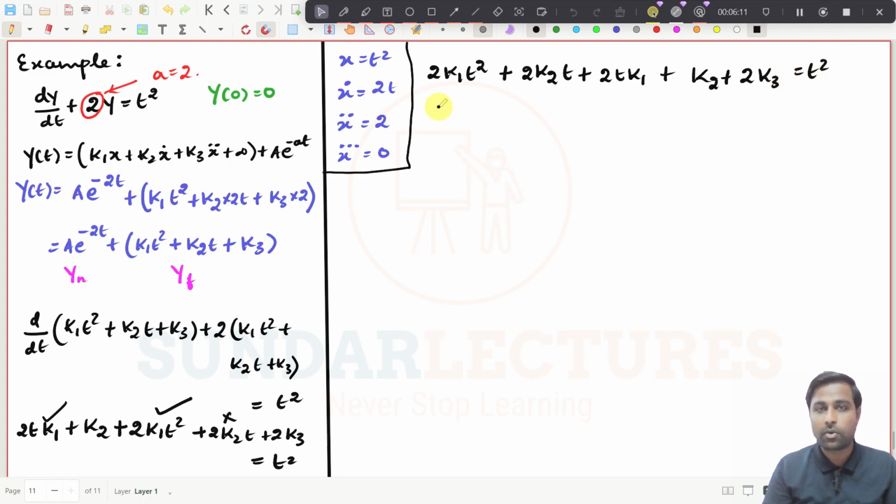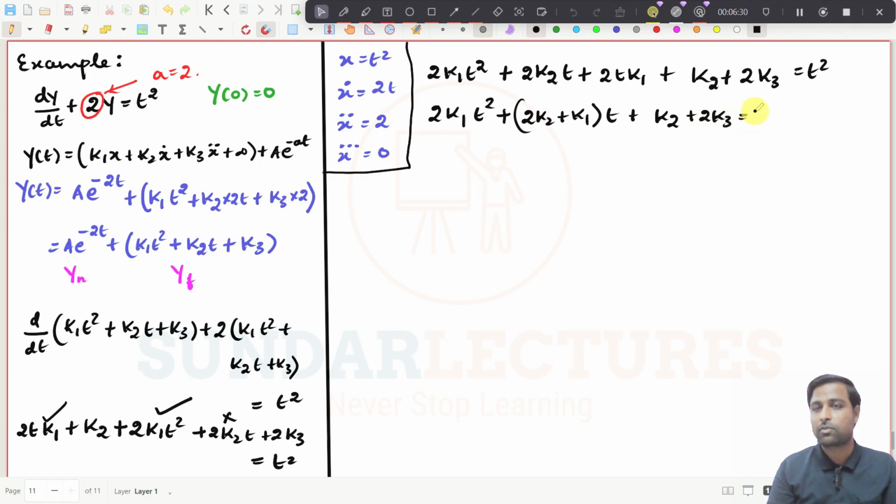You just club it down, so it will be 2k1 t square, plus you just take this t commonly outside, what you will get? 2k2 plus k1 into t, plus this is the constant term, k2 plus 2k3, that should be equal to t squared.